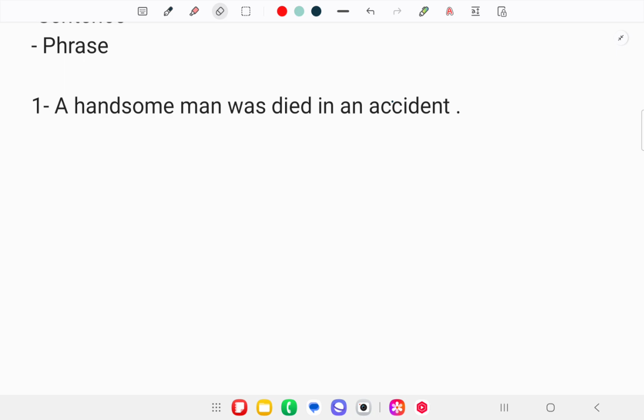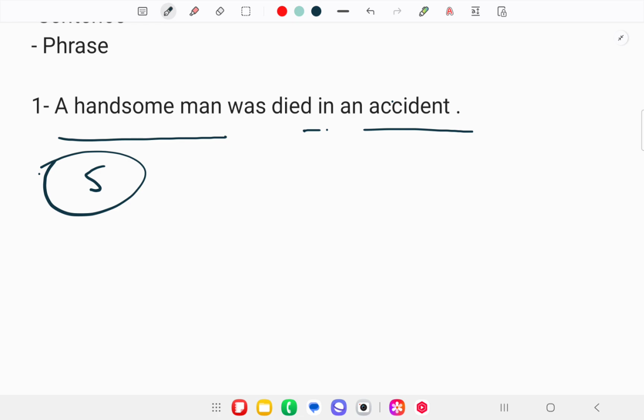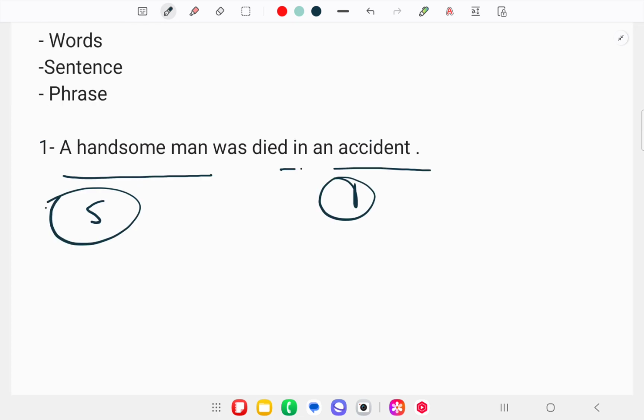That is known as the functions of grammar. Like a handsome man: here a handsome man is the subject, and in an accident is the direct object of this sentence. So these are also the functions of grammar. Now we have discussed the roles of grammatical forms and their functions.